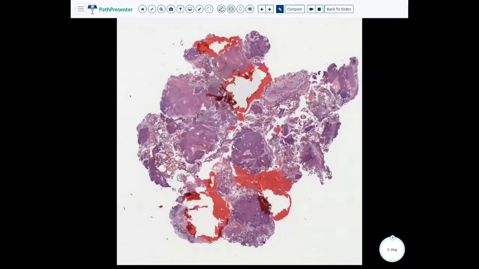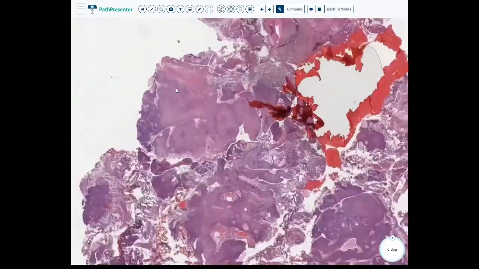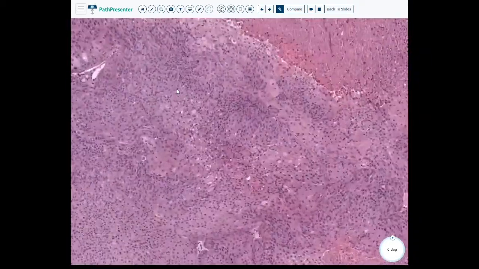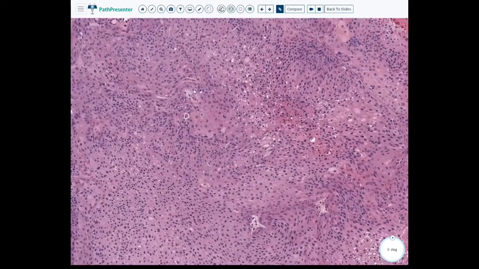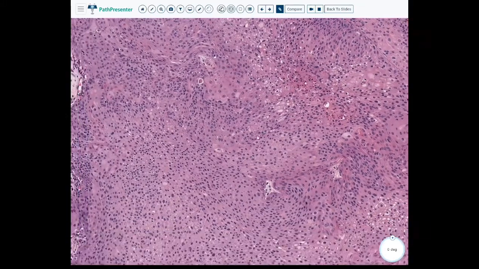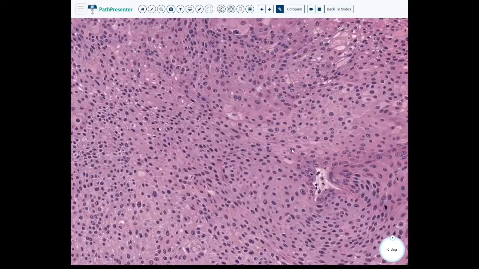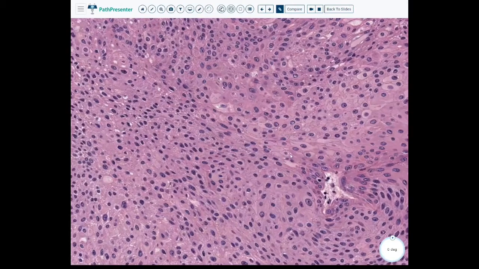Case 9. So extremely blue, extremely busy. It's kind of hard to tell what's up and down. There's definitely some blood in here. And this area is a little more pink, so it's kind of catching my eye. So I kind of want to go here right away. And what we see here is that this is squamous differentiation. You can see that we have really well-defined cell borders.